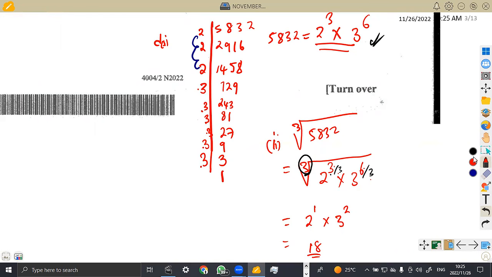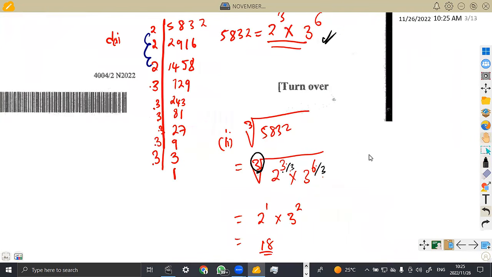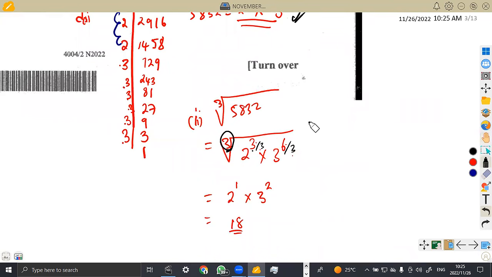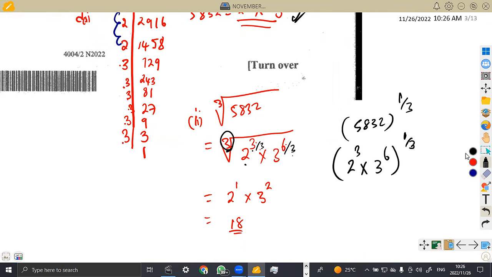Or you can use this concept. The cube root simply means to the exponent of a third. So it's 5,832 to the exponent of a third, from your laws of exponents. So we've got 2 to the exponent of 3 times 3 to the exponent of 6, all to the exponent of a third. As we know from our laws, the third is going to affect each and every exponent inside.